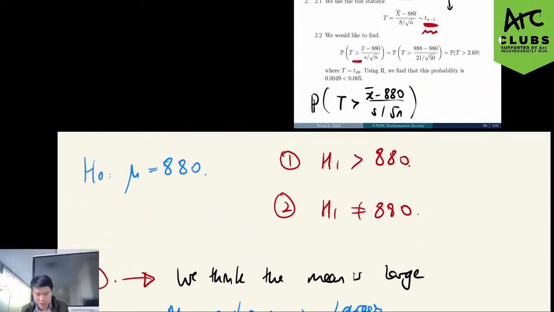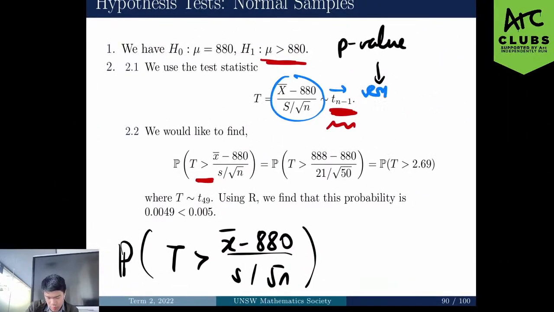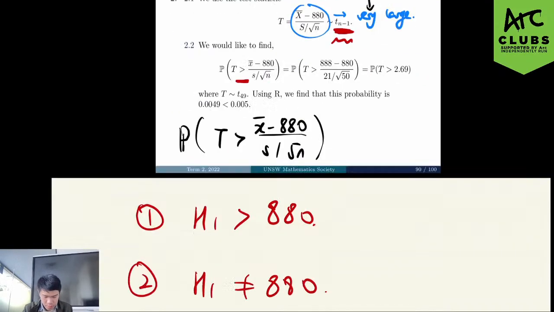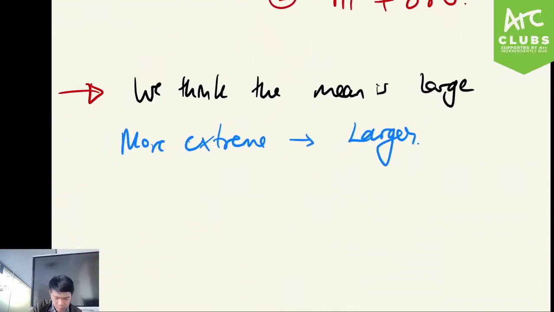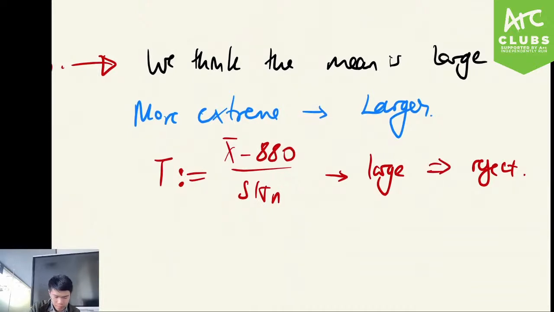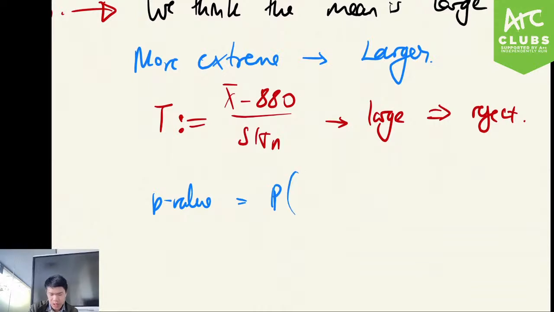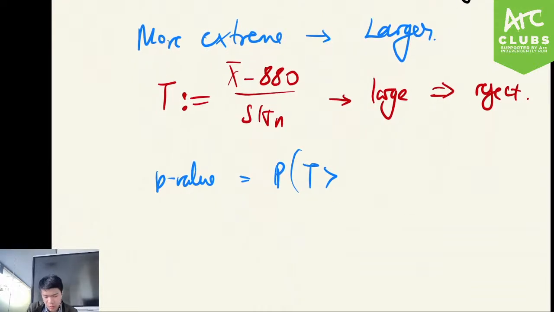So if this value over here, this test statistic, is very large, we want to reject. And that means our p-value is equal to the probability that t is greater than the value of t that we got.